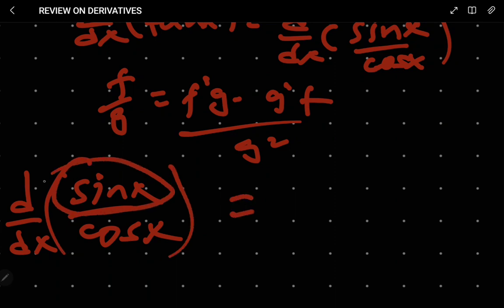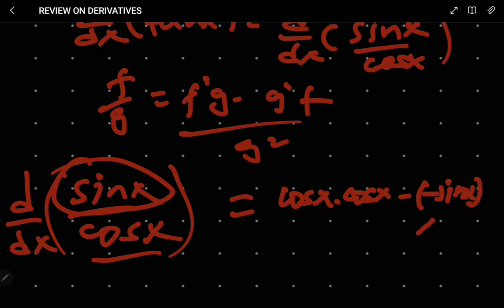The derivative of sine is cos x, times the denominator g of x, so cos x again, minus the derivative of cos x, which is minus sine x. You have to take care of the sign.